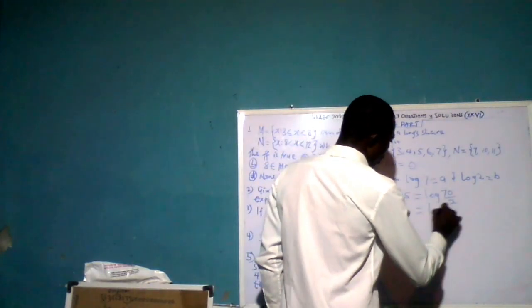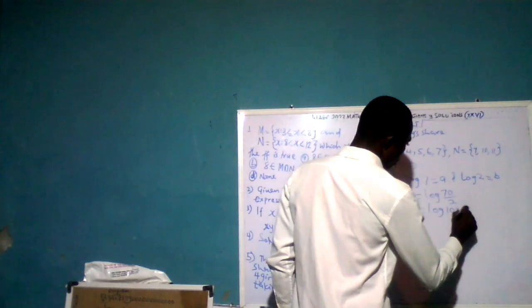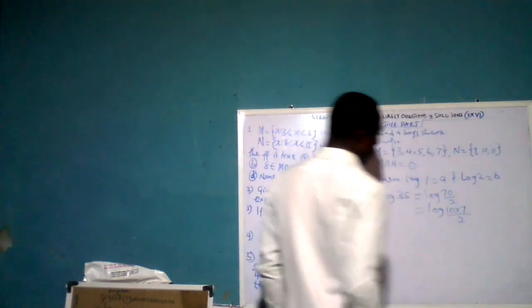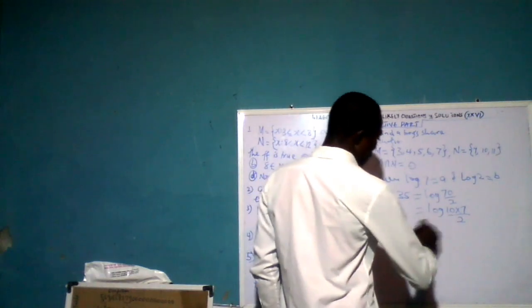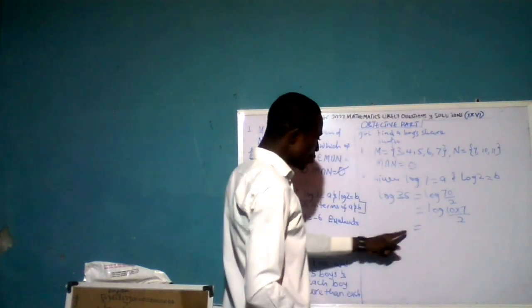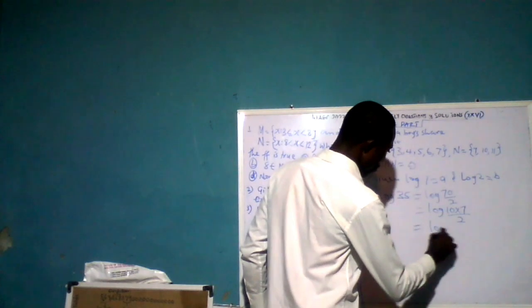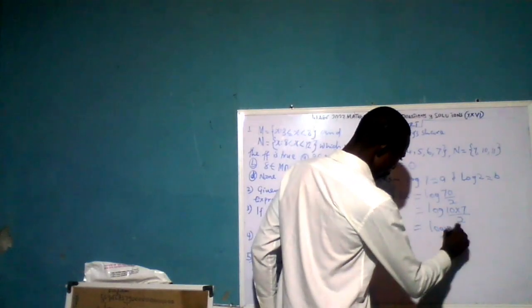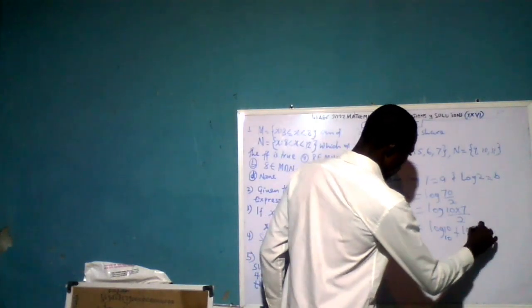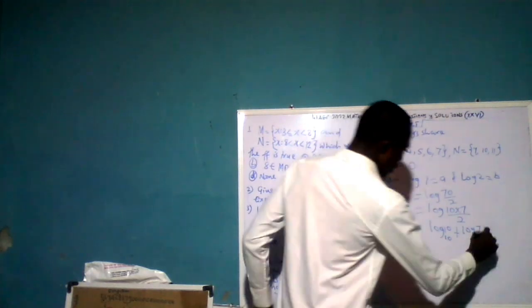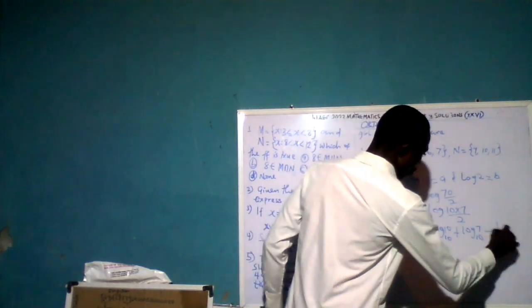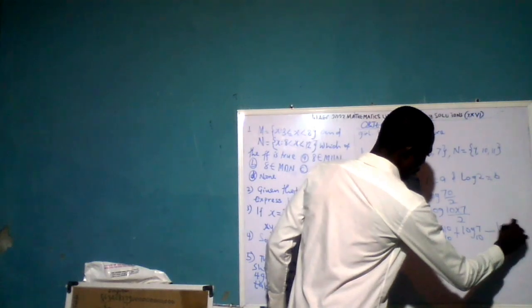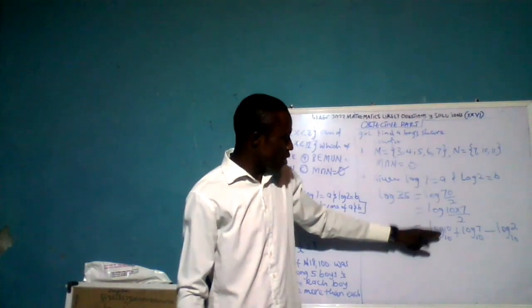And of course, this can be expressed as logarithm of 10 times 7 all over 2. By the law of logarithm, this means logarithm of 10 to base 10, plus logarithm of 7 to base 10, minus logarithm of 2 to base 10. That's the expression of this.